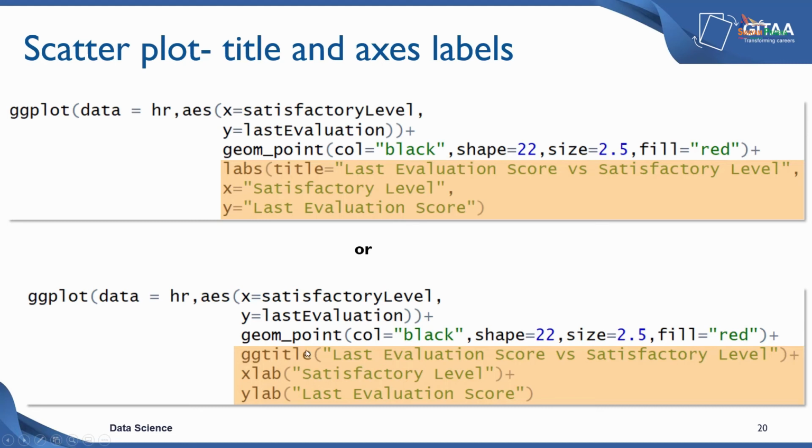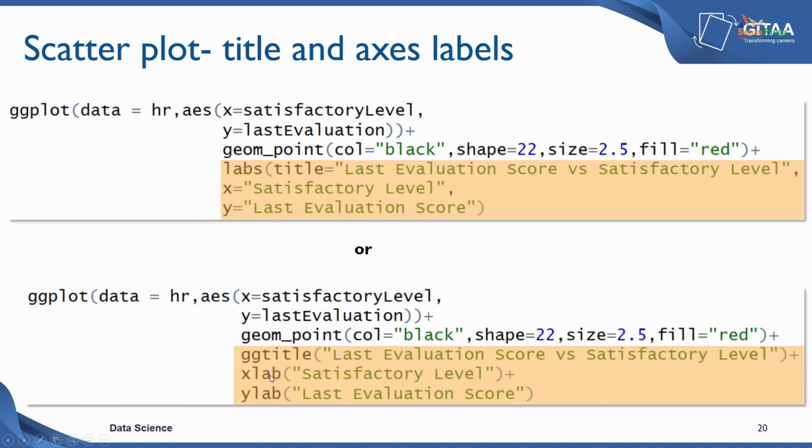Now let's say if you want to try it with the ggtitle function. So what I'm going to do is I'm again going to add a plus notation here and use a function ggtitle. Now this function will only take the title of the plot. I'm again using the same title, which is last evaluation score versus satisfactory level, and you need to give this within quotes again, and I'm using a plus notation here.